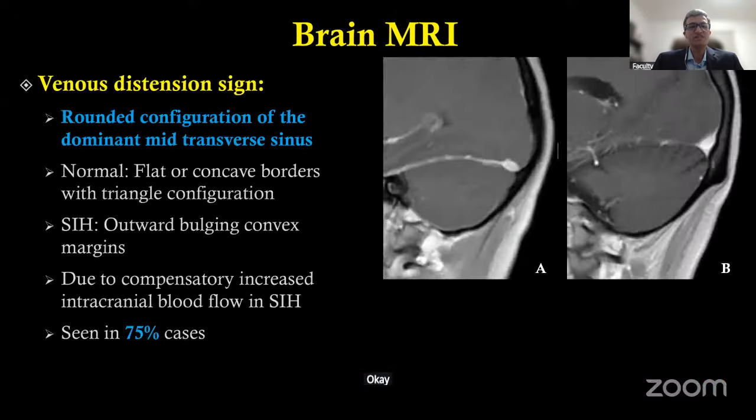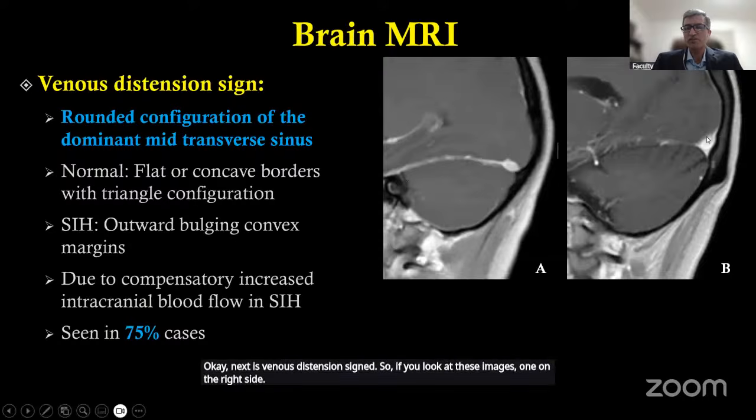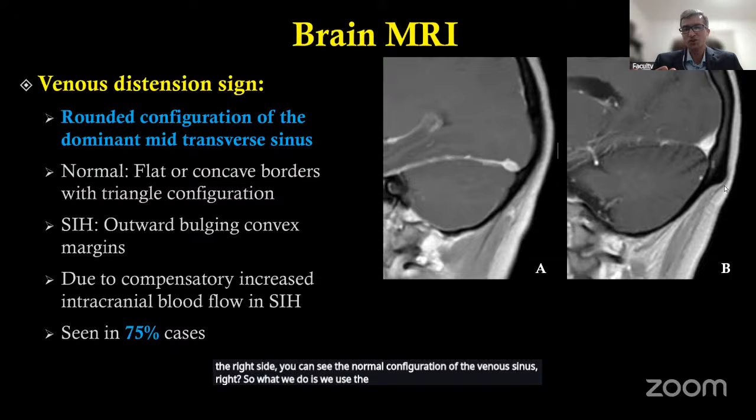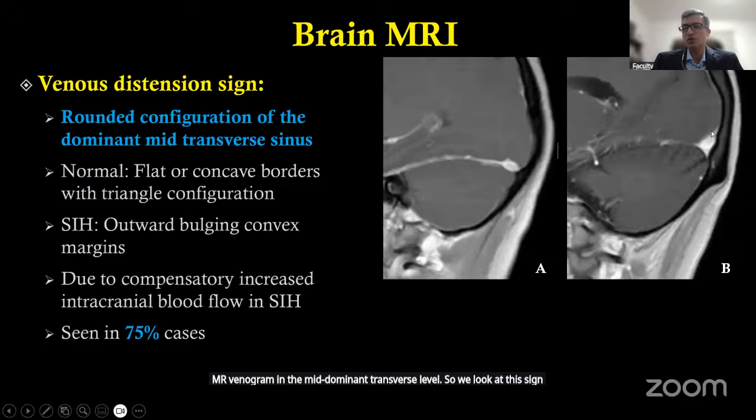Okay. Next is venous distension sign. If you look at these images, the one on the right side shows the normal configuration of the venous sinus, right? What we do is we use the sagittal post-contrast or a sagittal MR venogram at the mid dominant transverse sinus level. So we look at this sign. This is how the normal sinus looks.